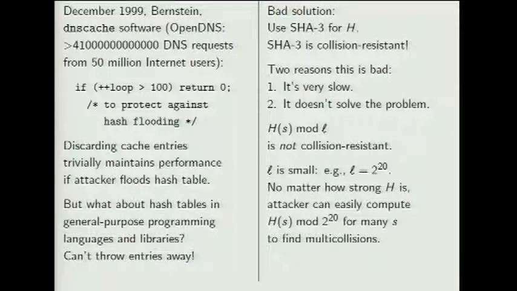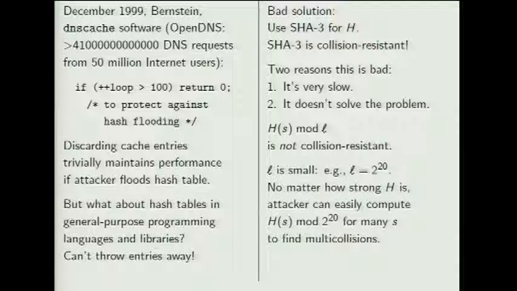And this SHA-3, no matter how strong it is, you could have the world's most amazing hash function and then reduce it mod 2 to the 20, whatever the size of the hash table is, and suddenly the attacker can find collisions. The attacker just tries a million inputs, and then one of those outputs is going to have a value of 0, say. And then the attacker looks at another million inputs and finds a string whose hash value mod 2 to the 20 is 0, and keeps doing this.